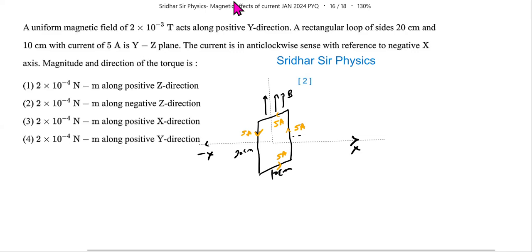First, we'll calculate the dipole moment. M bar equal to I into A. Since the current is anti-clockwise, the dipole moment will be along the negative x-axis, minus I cap. The current is 5. The area is 10 into 20 centimeter square, that is 10 to the power of minus 4.